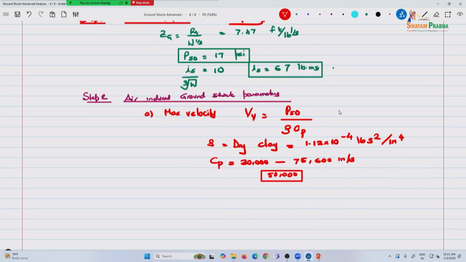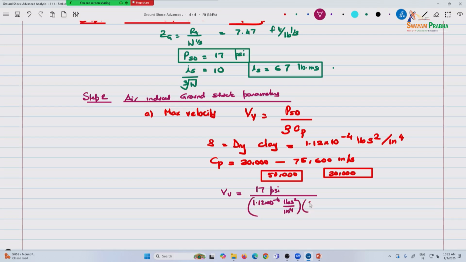So substituting, looking at the lower end of 30,000 and the mid-range value, V sub V is 17 psi divided by 1.12 into 10 power minus 4 pound second squared per inches to the fourth, multiplied by 50,000 inches per second. That gives two values for VV.